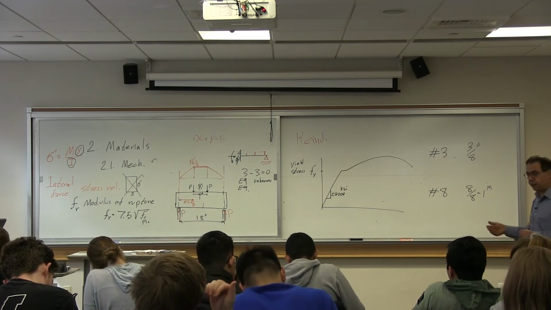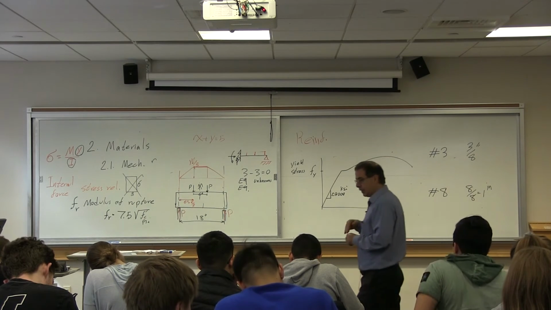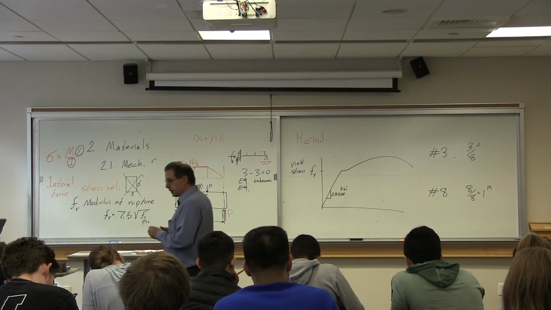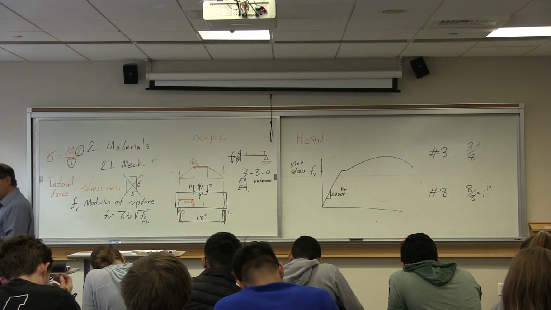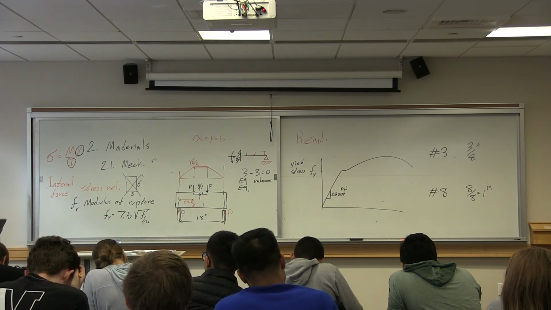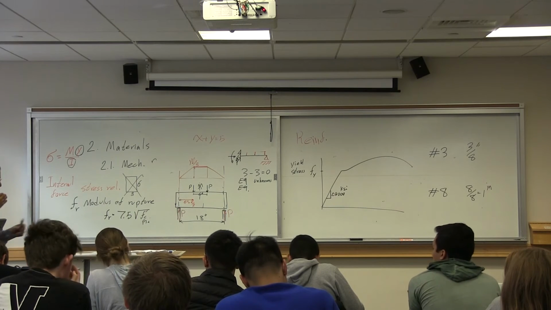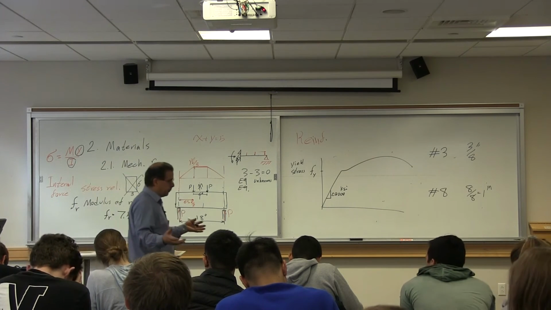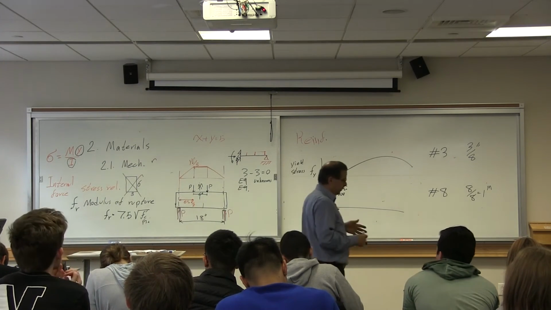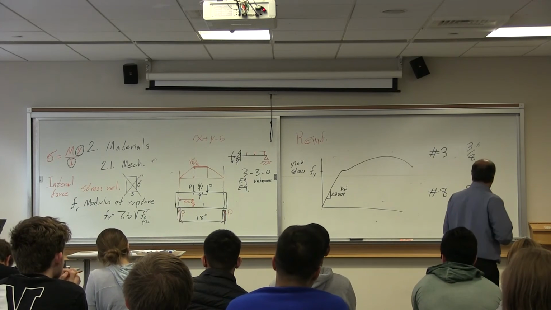We have grade 75, grade 100, grade 40, but 60 is more often used. There is a movement towards having a larger yield stress because you can have a better design. But 60 is the one that is more often used.